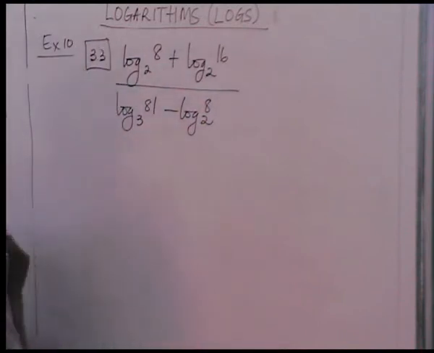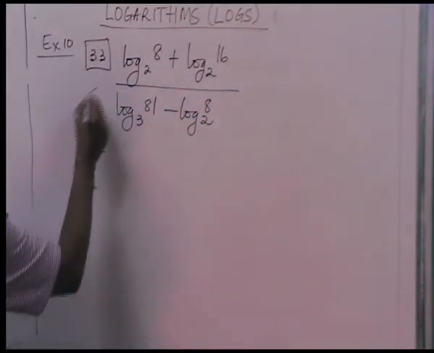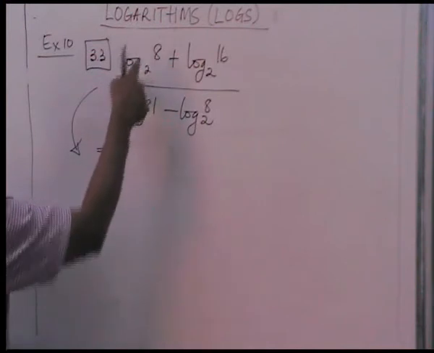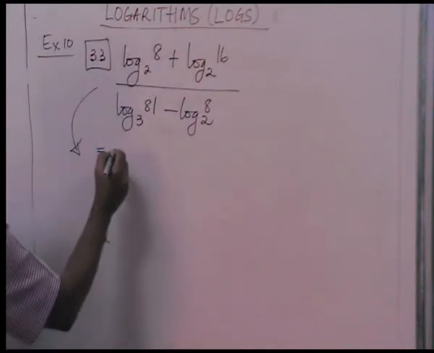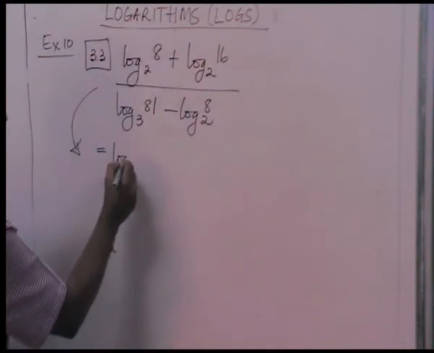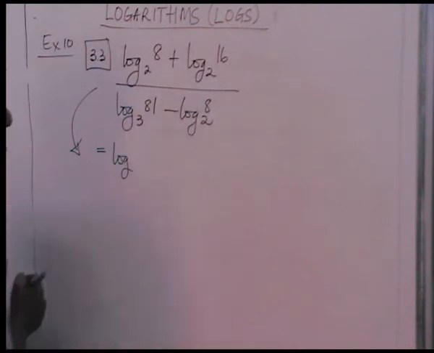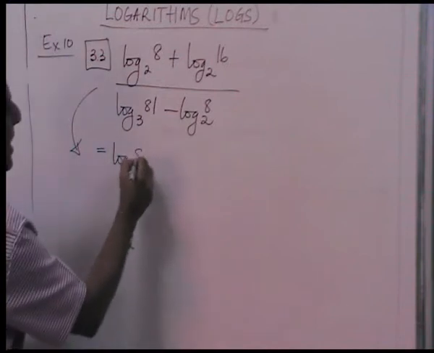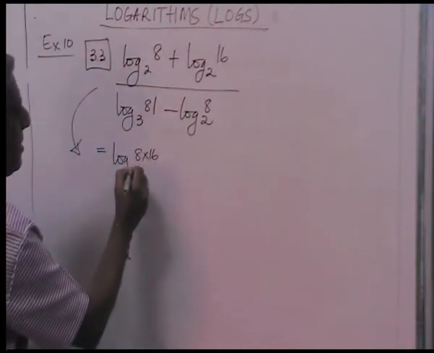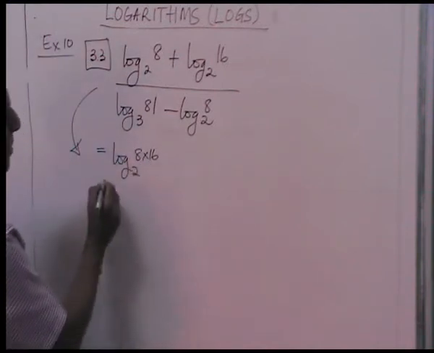So, let's handle the numerator first. I'm going to use the log of a plus log of b rule. So it will be log of 8 times 16 all to the base 2, all over.